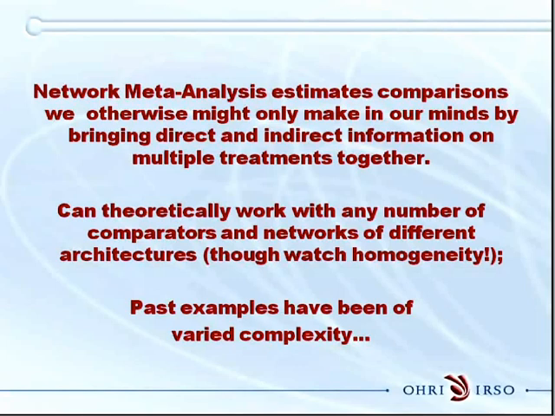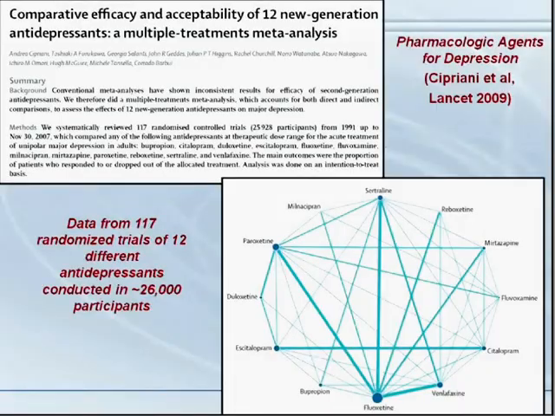Theoretically, it can work with any number of comparators, and we see very different architectures. Though in practice, the broader we go, the greater the risk of introducing heterogeneity in terms of the studies. There are approximately 200 published examples of NMAs. I'm just going to very quickly show you 3 to show you some interesting geometries.